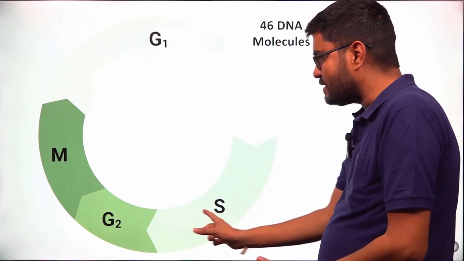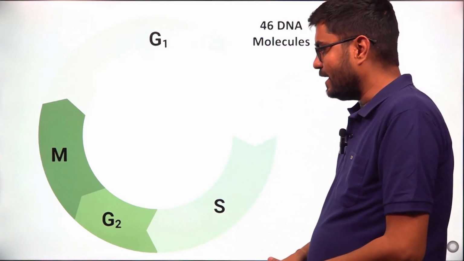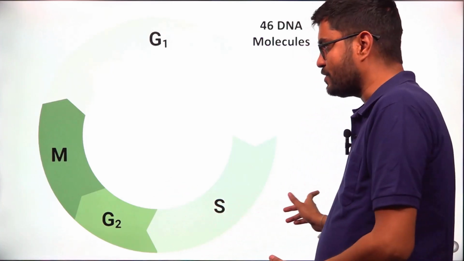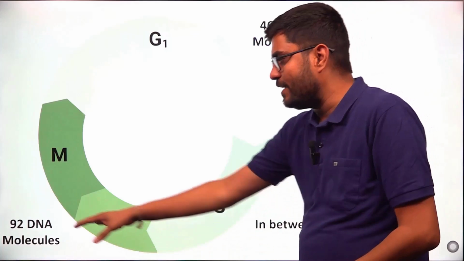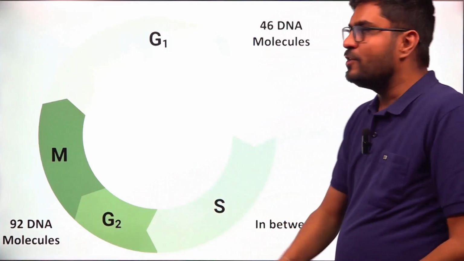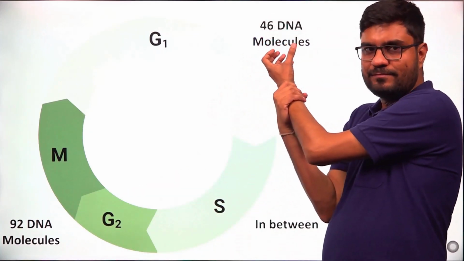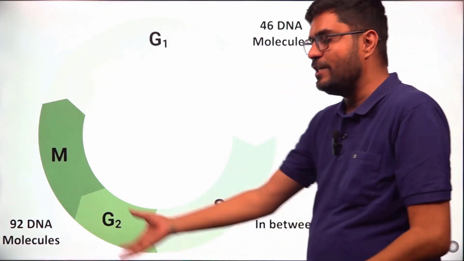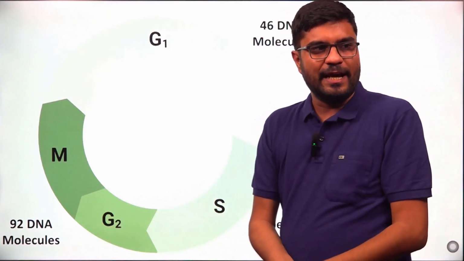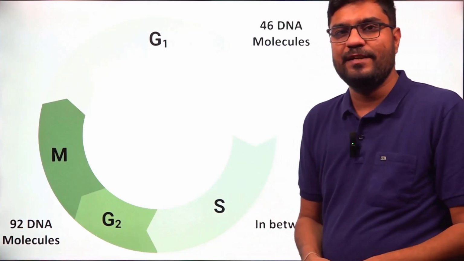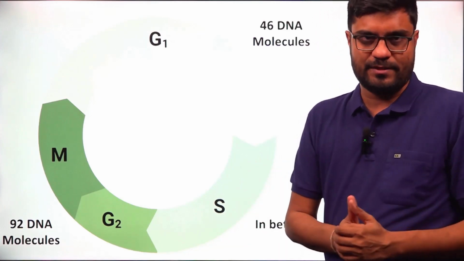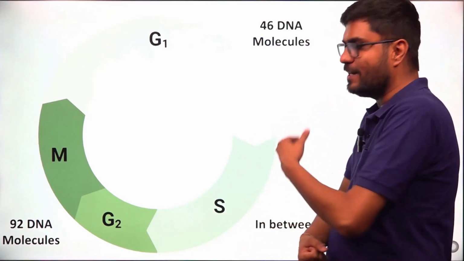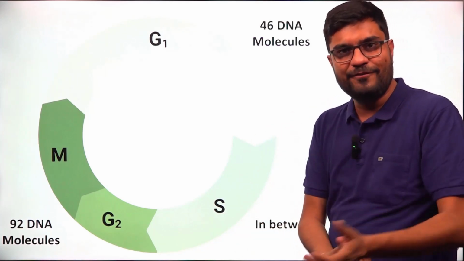Now in S phase, they do replication, and before G2 the replication is completed. So of course in G2M, we are having 92 DNA molecules. So a particular amount of DNA, that is X, in G1, and then in G2 it will be 2X, and in the S phase it will be between X and 2X. Why between? Because if the cell has just started the replication, then the amount will be different.